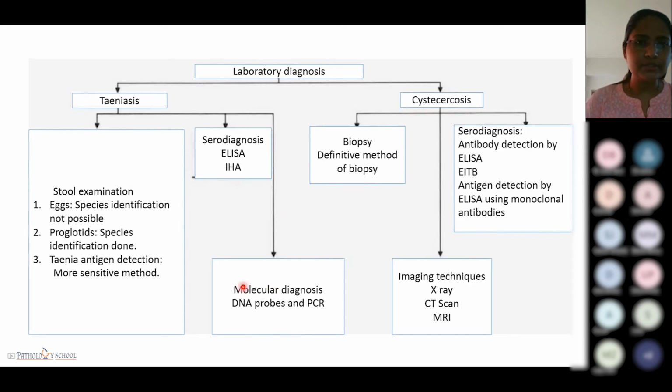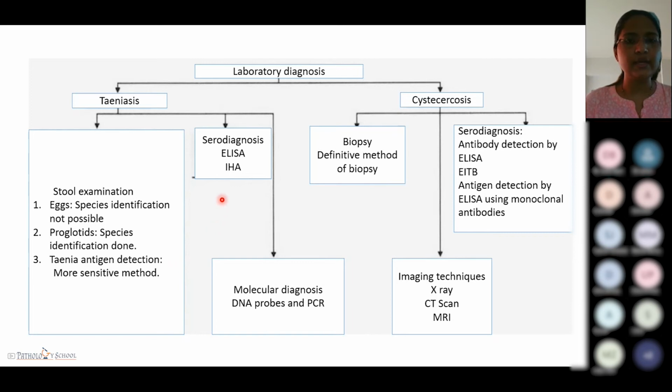So, lab diagnosis. Lab diagnosis of taeniasis is done by stool examination, where eggs can be demonstrated in stool, but species identification is not possible. Species identification is done by demonstrating proglottids. Coproantigen detection is the most sensitive method.